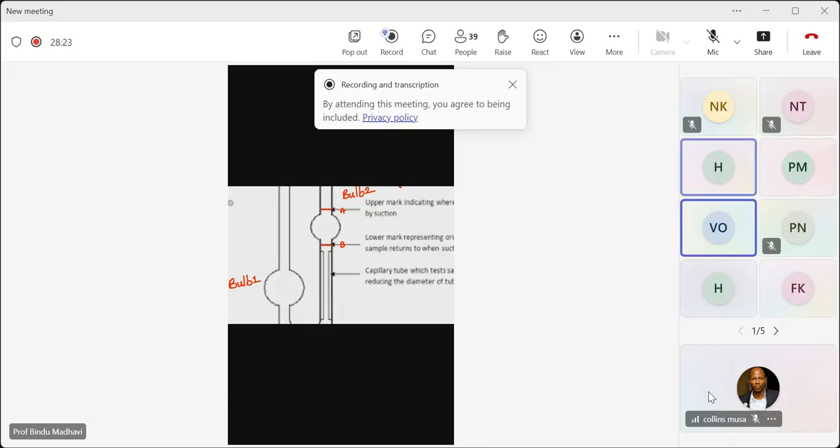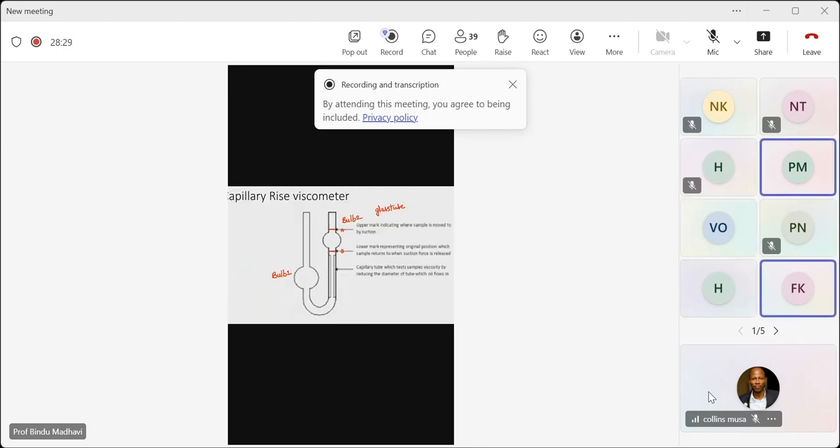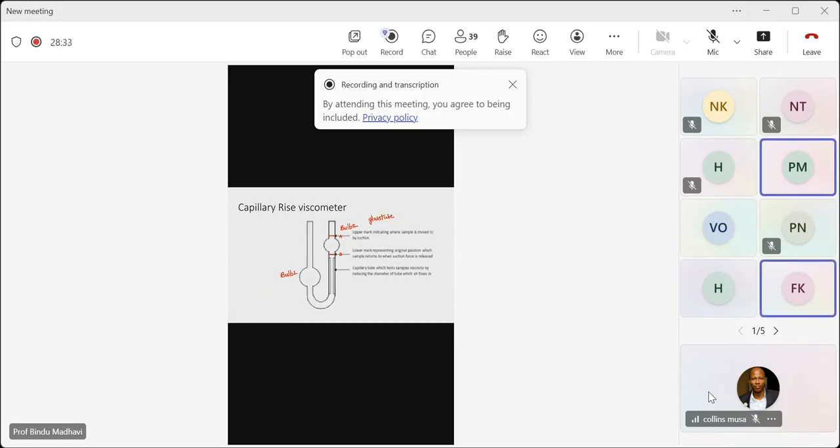Are you able to see those two markings, A and B? Can we go ahead with the working of the capillary rise viscometer?